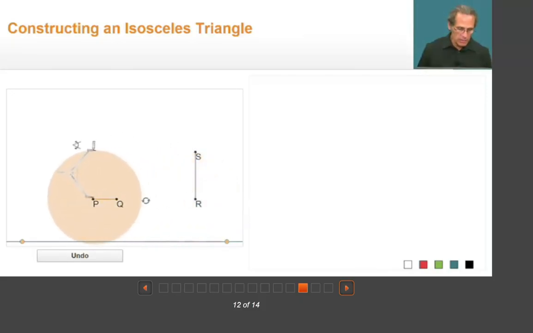So I'll go over to point P, and I'll rotate an arc. And I'll go over to point Q, and I'll rotate a second arc. And what do you notice? Those two arcs intersect.